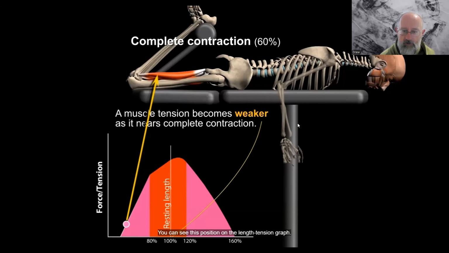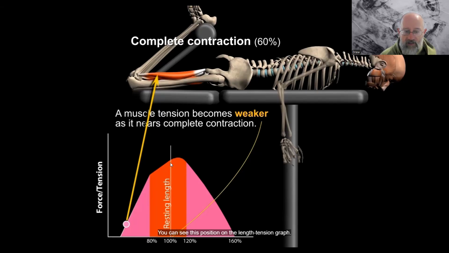And so in this example here, we're looking at a lying leg curl, and we're looking at the hamstring, and we have this graph which is called the length tension relationship. So kind of at 100% of the resting length, the muscle is able to generate a lot of force.